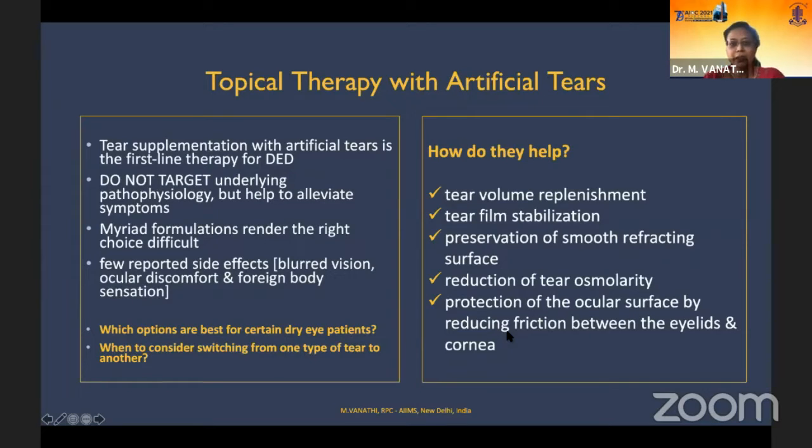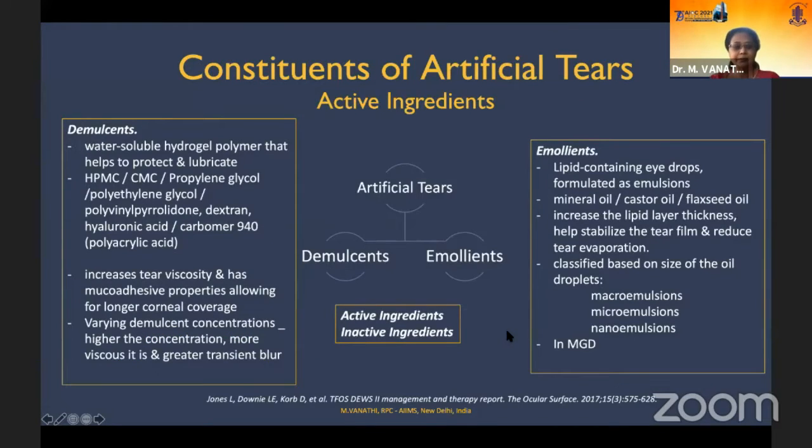So why do we need artificial tears, or how do they actually help us? They form the first line of therapy, and they help in tear volume replenishment, the stabilization, provide a smooth refractive surface, help in reducing the tear osmolarity, and protect the ocular surface from damage due to the friction between the ocular adnexa. What do they contain? They have demulcents and emollients.